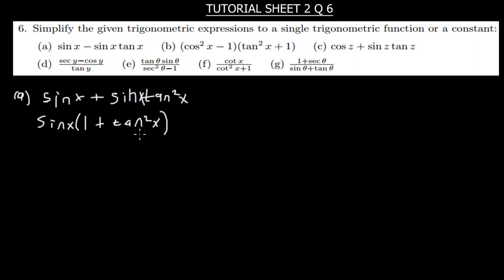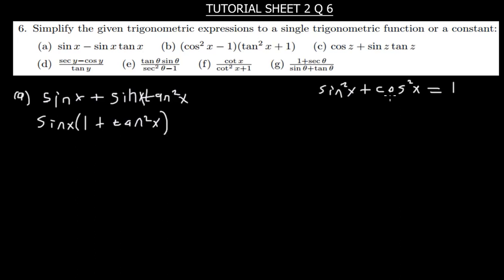Then for you to simplify such an expression, you need to take into consideration the identities. This one first: sin x squared plus cos x squared is equal to 1.